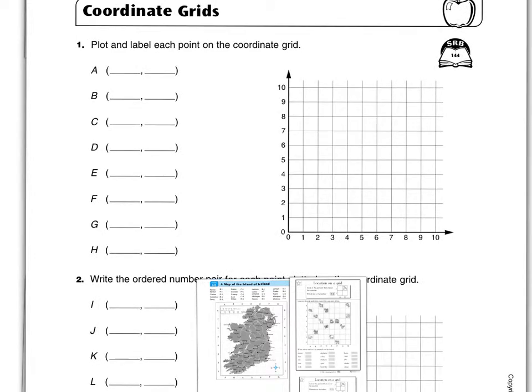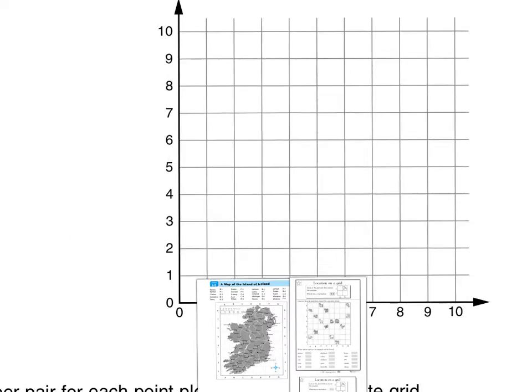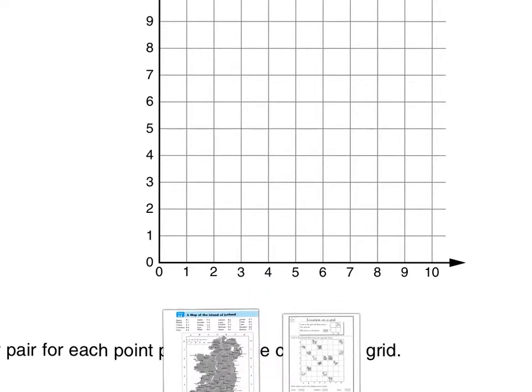Okay, so the first thing I'm going to do is pull some coordinate grids out. I'm going to put some dots, some spots on the grid here. I'll just make some up. Not the greatest. I'm doing them right on the lines. I'm going to do some right in the middle, so then we can talk about that a little bit.